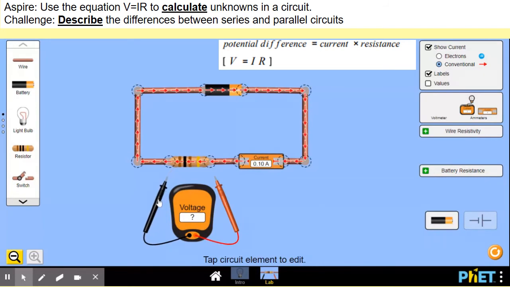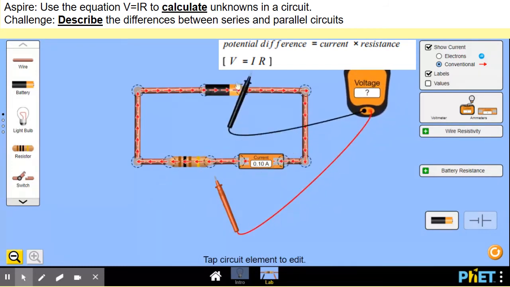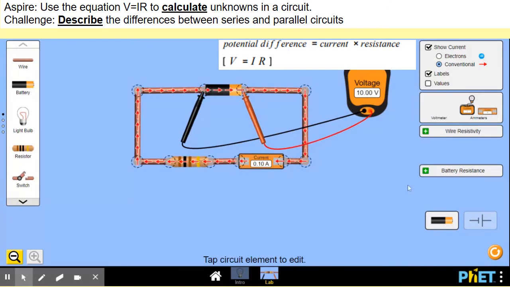So we've got a question now. And the question tells you what value of current. So it might be marked on an ammeter, it might just tell you in the question. So we've got a current of 0.1 amps flowing through it. Then they might have a voltmeter connected to the cell there. And now the question asks you to find the value of the resistor.